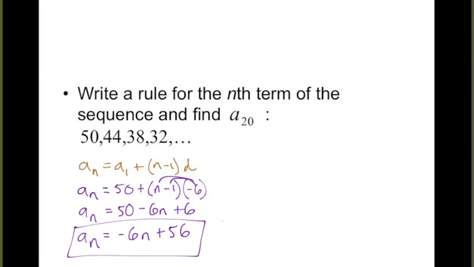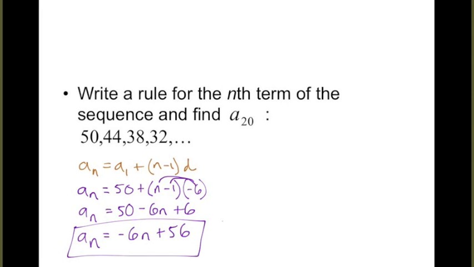Then we also want to find a sub 20. A sub 20 would be the 20th number in this list. So we could do that. We could just keep subtracting 6 over and over until we get to the 20th one. But it's likely we're probably going to make an arithmetic mistake somewhere along the way. And even if not, it's just a little bit annoying. And what if I asked for like the 120th? That would be really annoying. So that's the nice thing about having a rule like this, is now we can plug in anything we want and figure out what number will fit that spot.